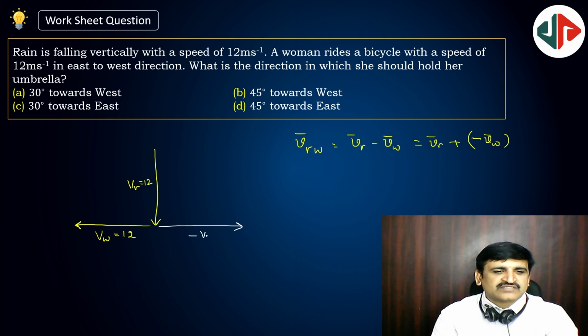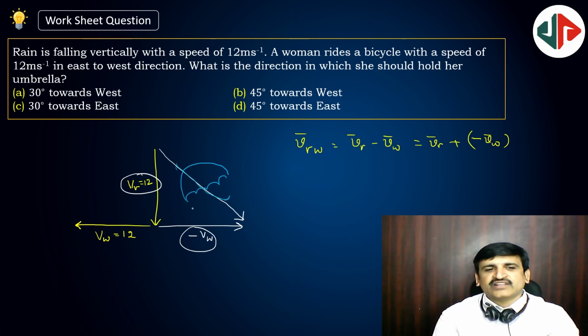This will be minus VW, same magnitude. Now I have to add this and this. Addition of two vectors follows like this. This will be the resultant vector, and the umbrella will come like this. This is the way she has to hold the umbrella.